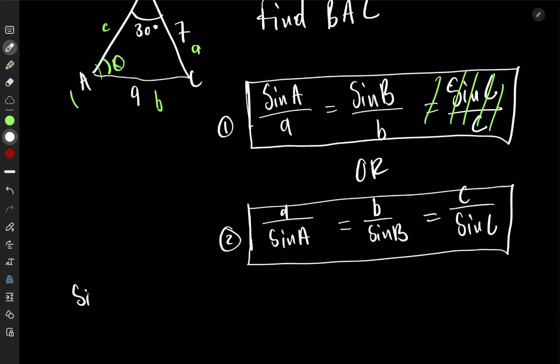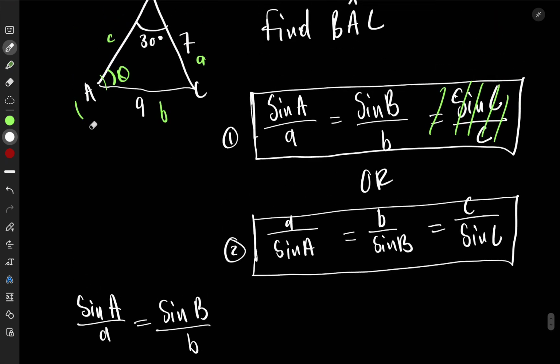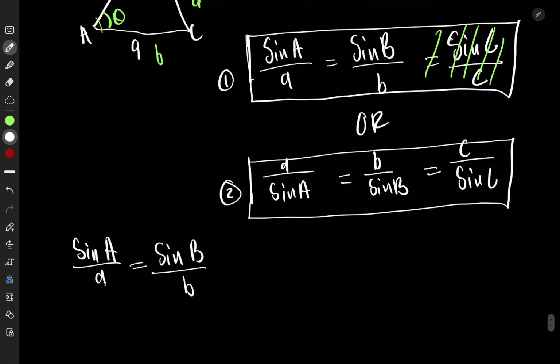Look at how easy it is. Sine A over small a is equal to sine big B over small b. Now we are looking for big A because it's the angle at A. So we take small a to the other side. You should know subject of the formula real well. If you don't, then I recommend you go back and watch those videos.